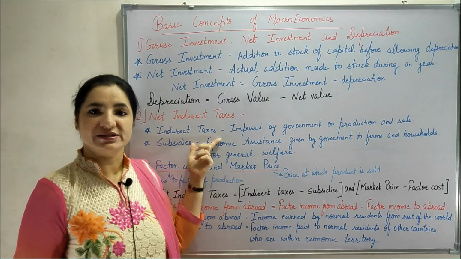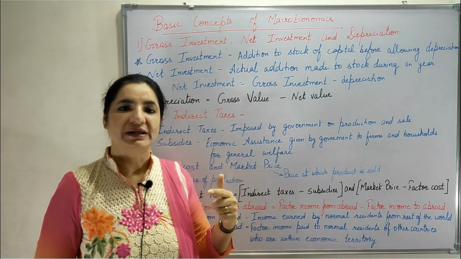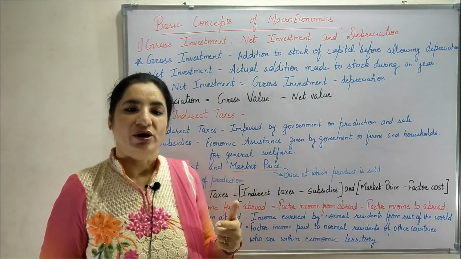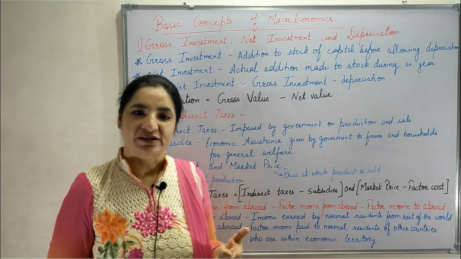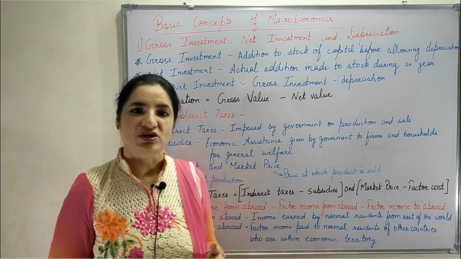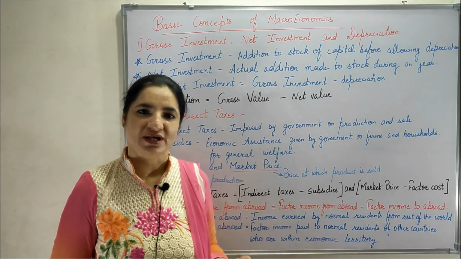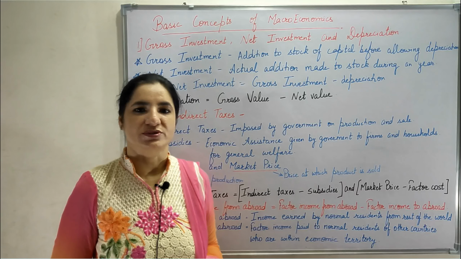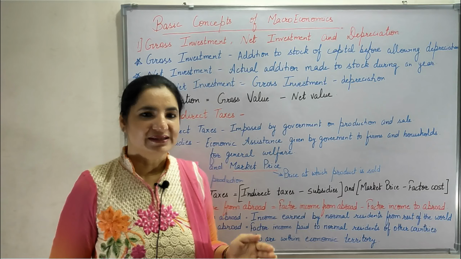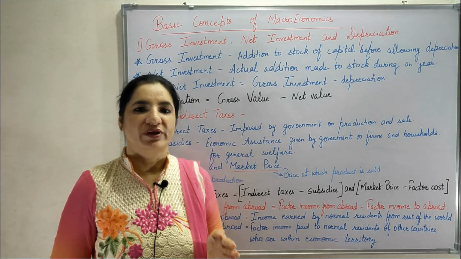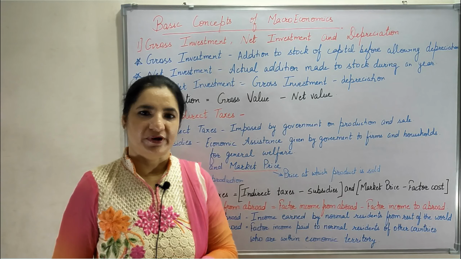This is the meaning of indirect taxes, which are added to the factor cost. Factor cost means the cost of production at which the goods are produced, and by adding indirect taxes, we arrive at the market price.